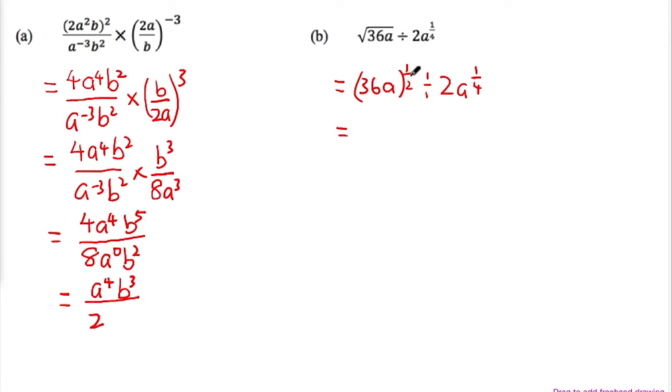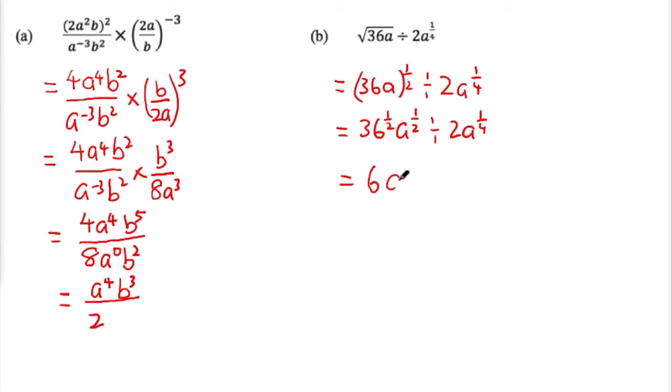Next, we apply the power to the terms in the brackets. So we have 36 to the power of half and a to the power of half. Thirty-six to the power of half is just simply the root of 36, which is 6.